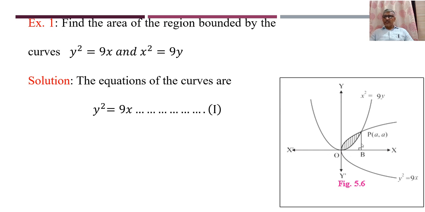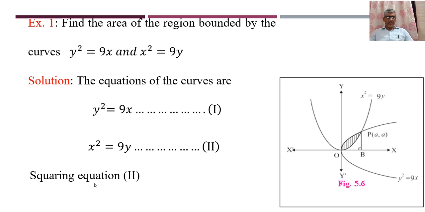Then the point of intersection of the two curves y square equal to 9x and x square equal to 9y is P. Say its coordinates are like this. Then by solving these, the equations of the curves are: first, y square equal to 9x, which gives equation first; second, x square equal to 9y, which gives equation second.